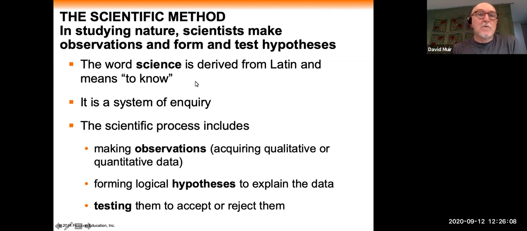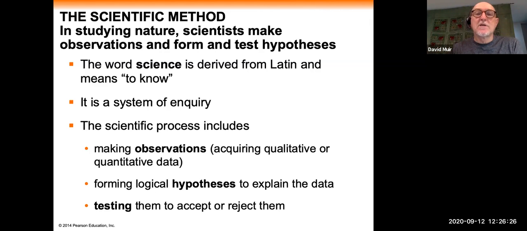The word science is derived from Latin and means to know. It's a system of inquiry. Scientists are always asking questions. They're always examining things and trying to work out how they work.